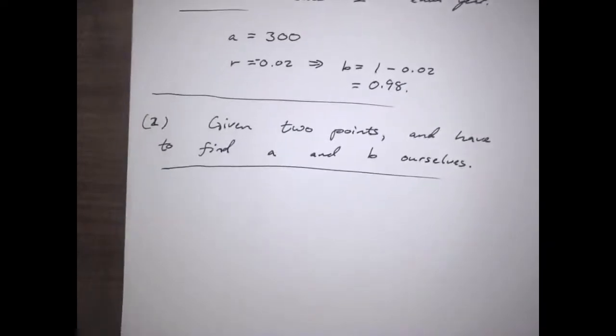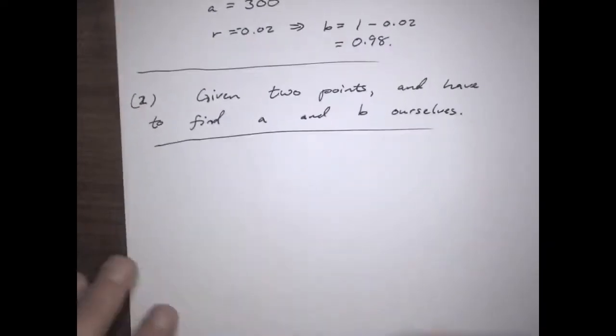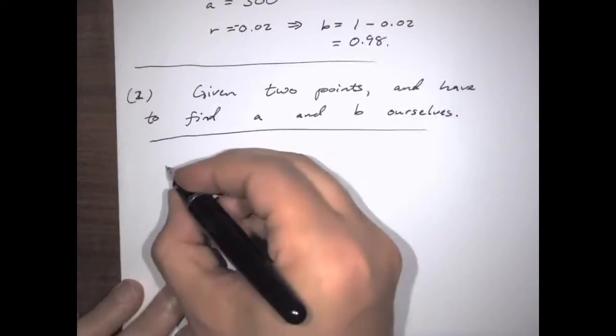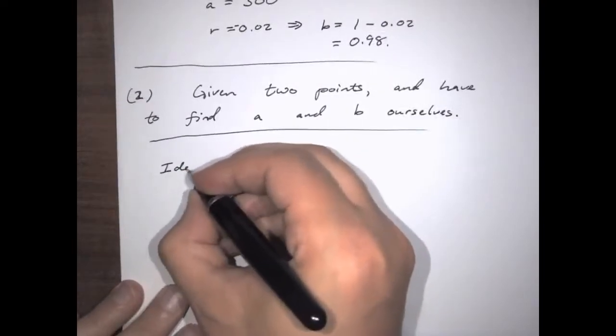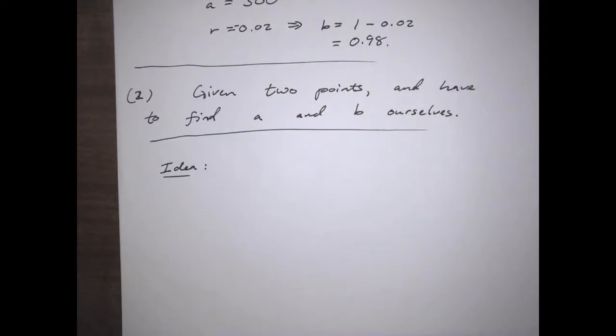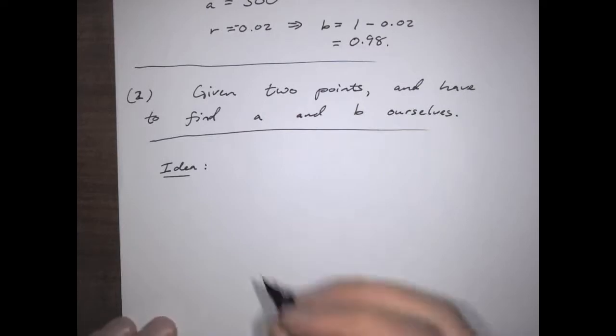Okay, so here's the basic idea behind this. Once again, things can be a little bit harder or things can be a little bit easier. First off, pay attention if either of the points happens to be the y-intercept, because if it is, then that actually saves you a little bit of work.